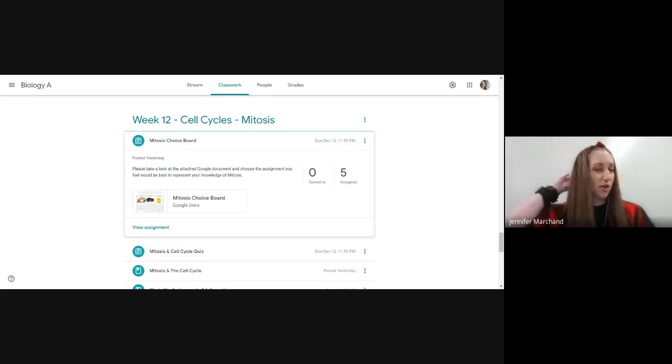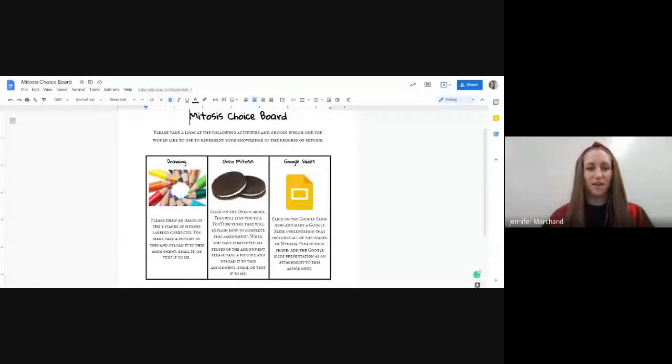Any of those 3 is a great option to demonstrate your understanding. Sorry, I didn't share my tab. Like I said, a drawing, an Oreo mitosis, or a Google slide. Any of those 3 is a great option for this assignment, just to show that you know how mitosis works, which we're going to go over today.